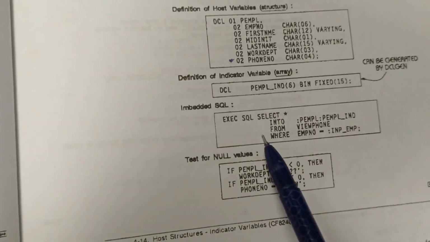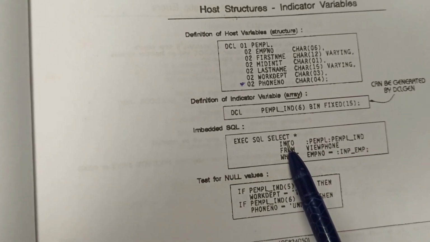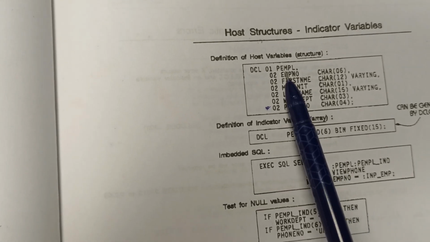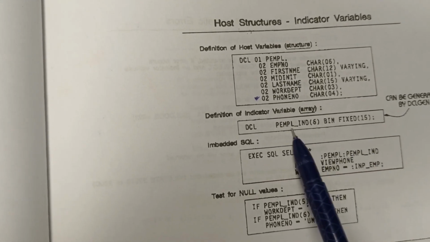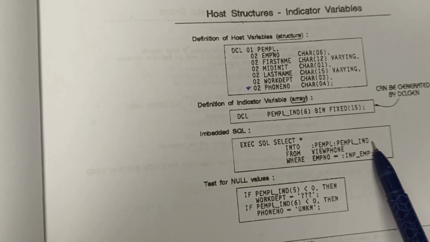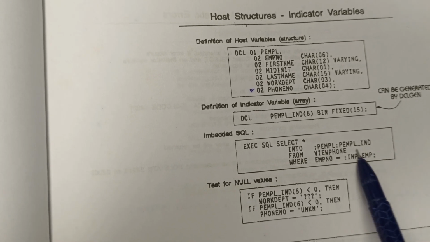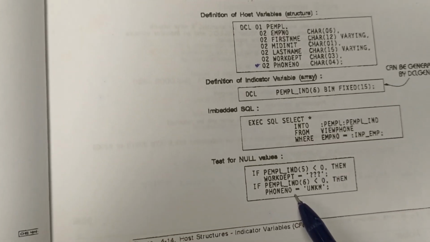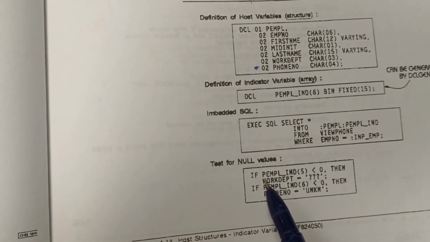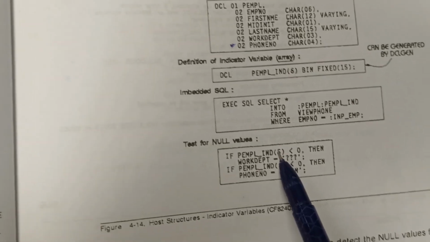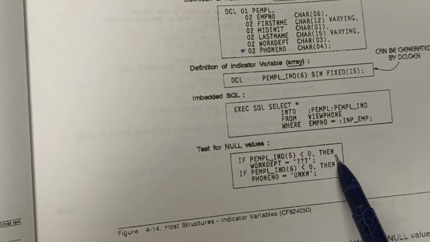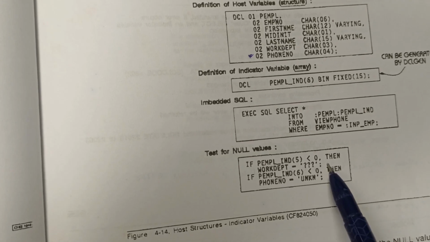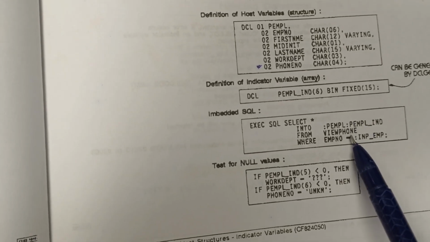How to handle it: I use it in the select statement, select star into table name. This is the DCLgen field name and the null indicator field. Here there is no array field, I have just given an indicator field. But when we use the indicator field, if the indicator field of 5 is less than or equal to 0, then we can say the work department has the null value.